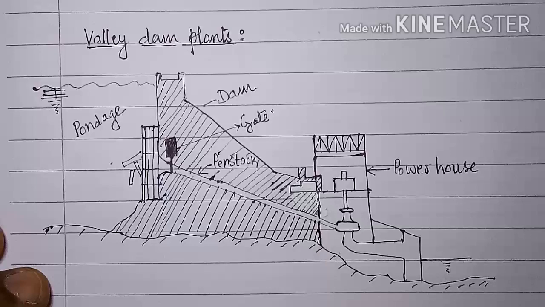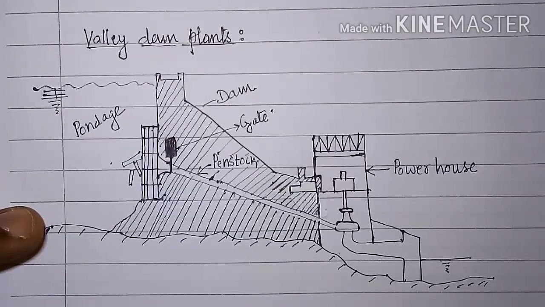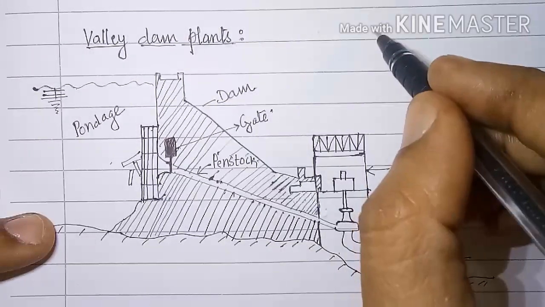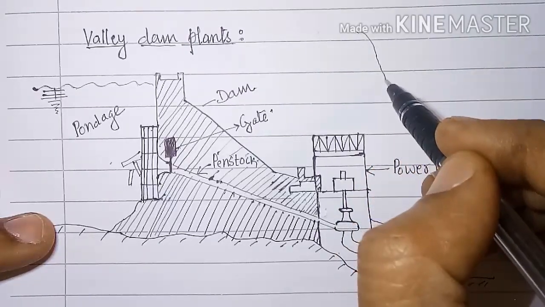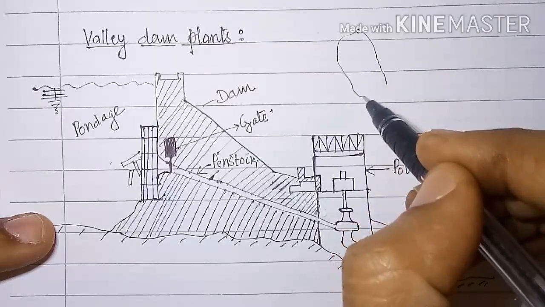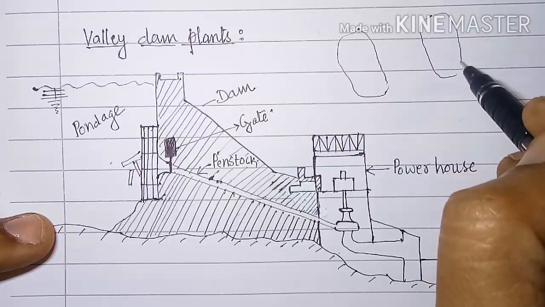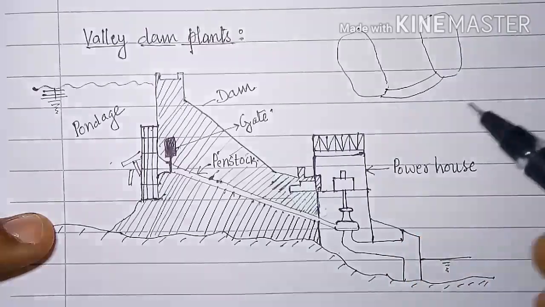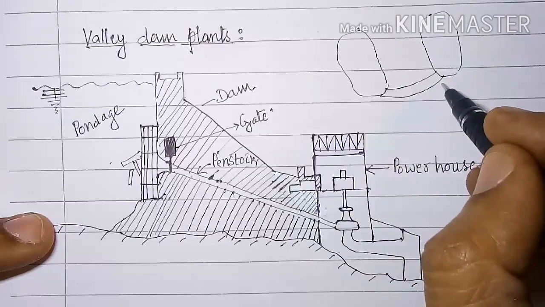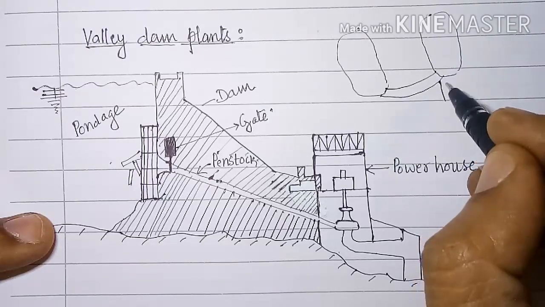That means from the top, if you look at this dam and powerhouse, it would look like the mountains on both sides, the dam constructed here, and the powerhouse constructed at the toe of the dam.